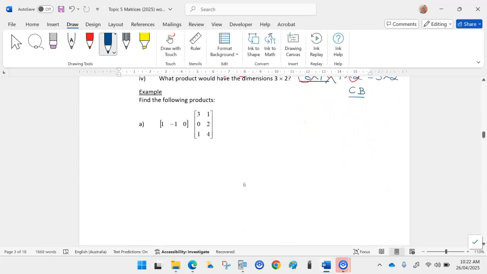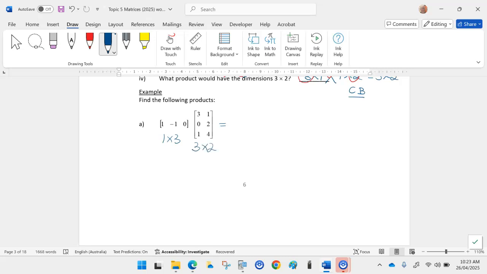Okay, we're going to do a couple of examples here using matrix multiplication and following the rules that we just did. First one, we've got a matrix 1, -1, 0, which has dimensions 1 row, 3 columns. And the next one has dimensions 3 rows, 2 columns.